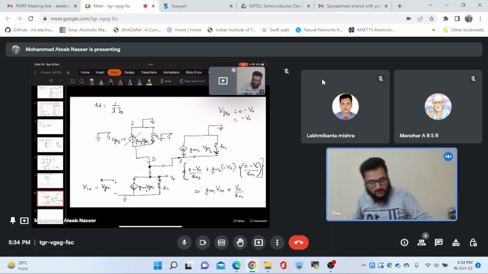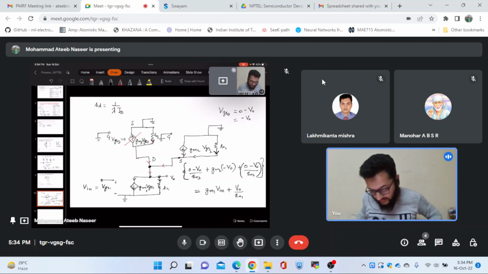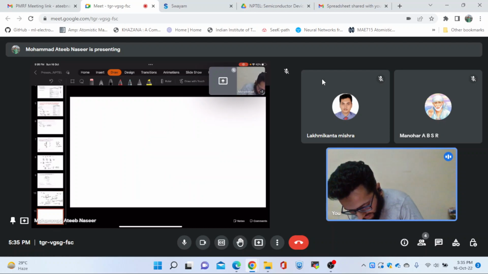So this is some simple manipulation that we have done, and we need to find out V naught by V in in this problem. Let's take V naught on one side. So it will look like this.